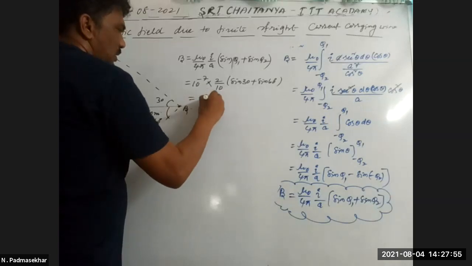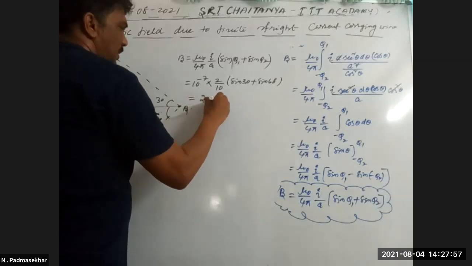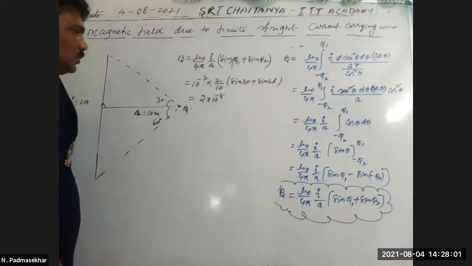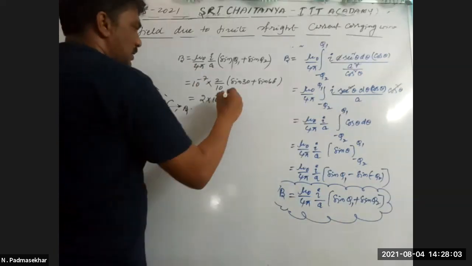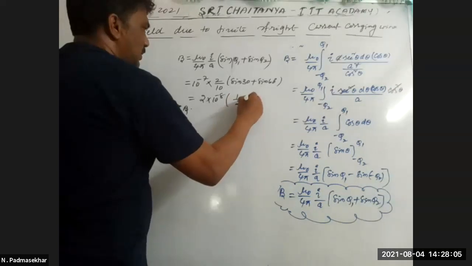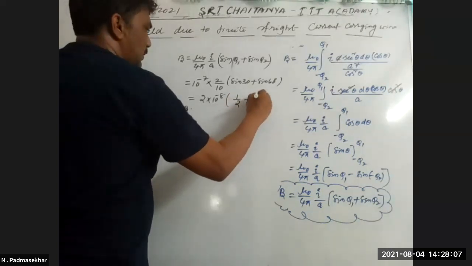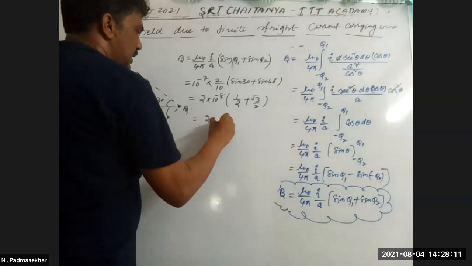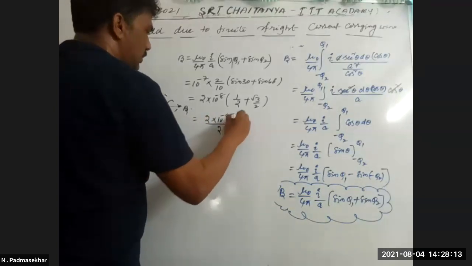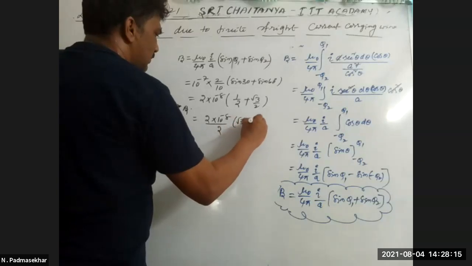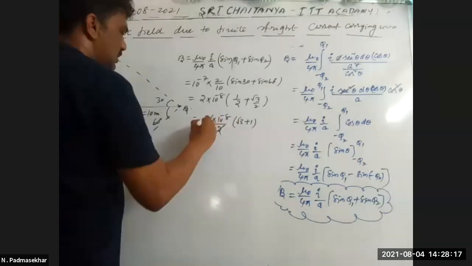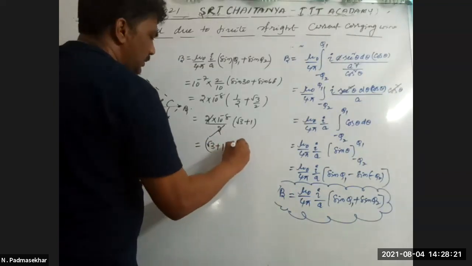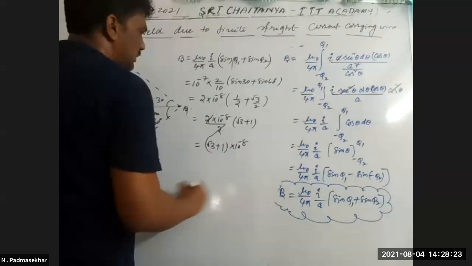So it is 2 into 10 power minus 8. 2 by 10, the 10 is taken up, so 2 into 10 power minus 8. Sine 30 is 1 by 2. Sine 60 is root 3 by 2. So this is 2 into 10 power minus 8 by 2, into root 3 plus 1. So the 2 is cancelled: root 3 plus 1 into 10 power minus 8.